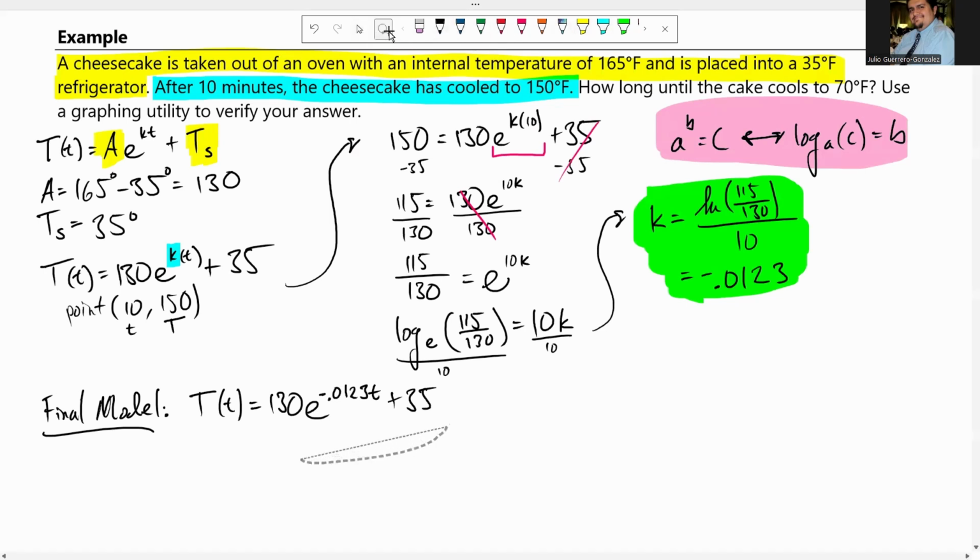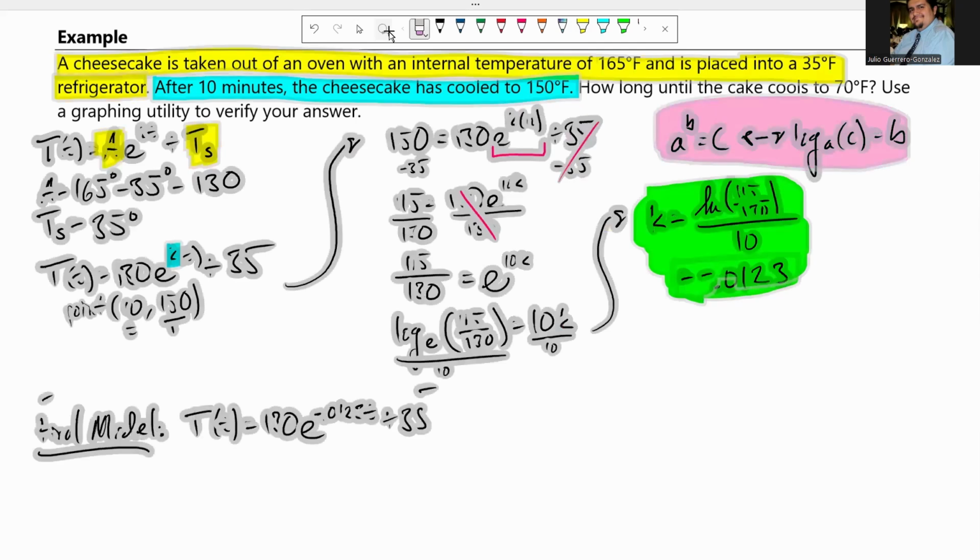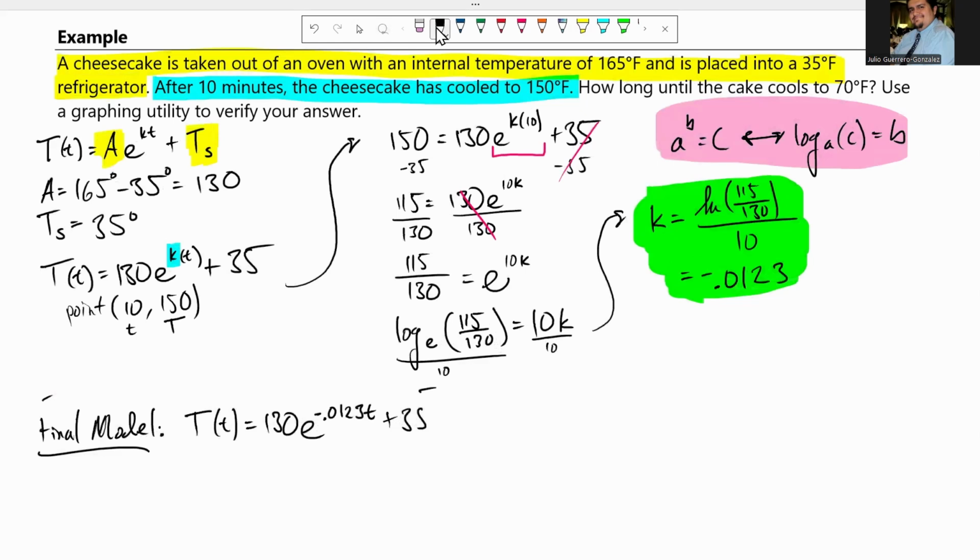I'm going to grab this and bring it down a little bit just to separate it. This is supposed to be a 5, and that's supposed to be an F.